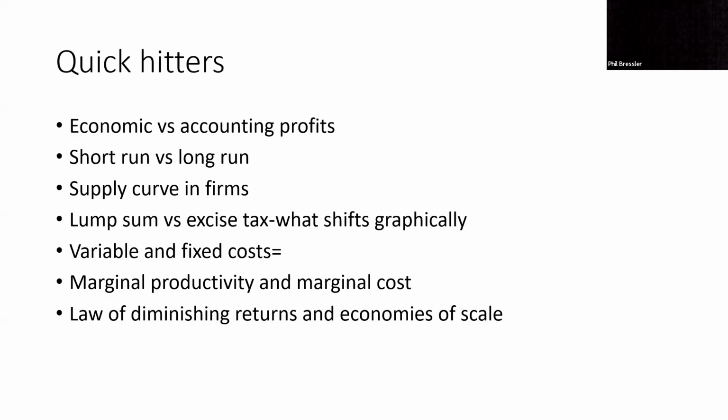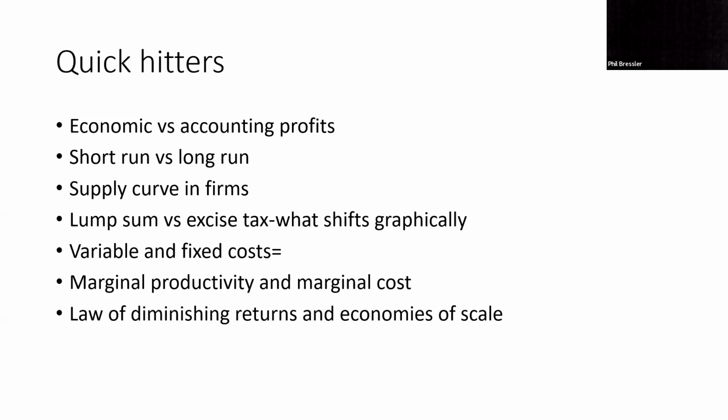Short run is whenever there's a fixed resource. Long run, no fixed resources. The supply curve is the MC above the AVC. A lump sum shifts only ATC.